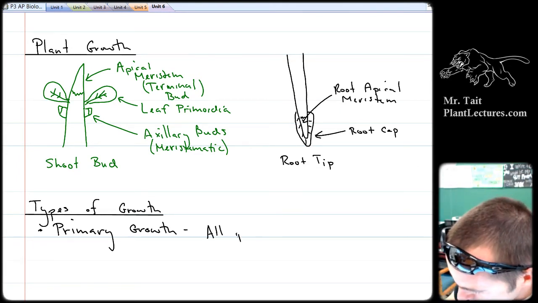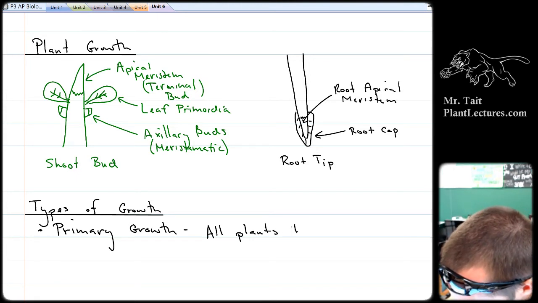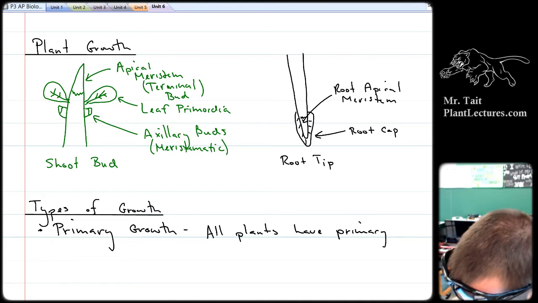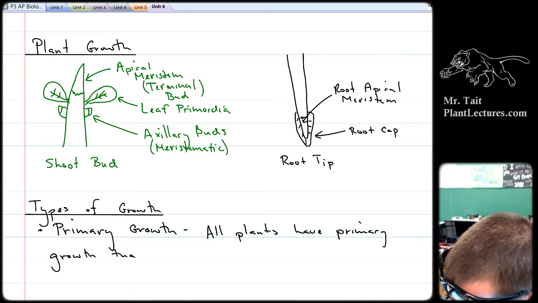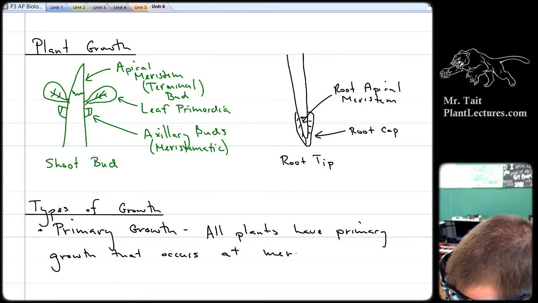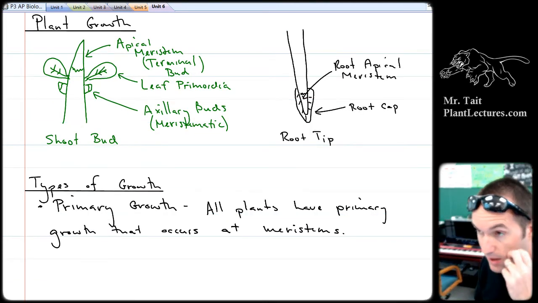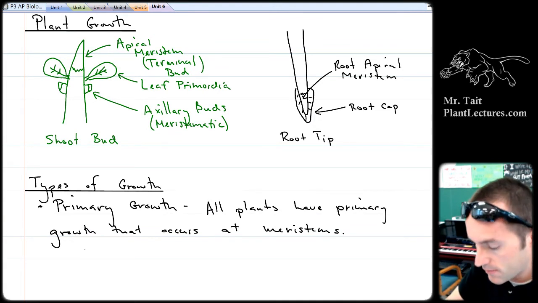All plants have primary growth. That occurs at meristems. Okay. Sometimes called meristematic growth because it's happening at the meristems.